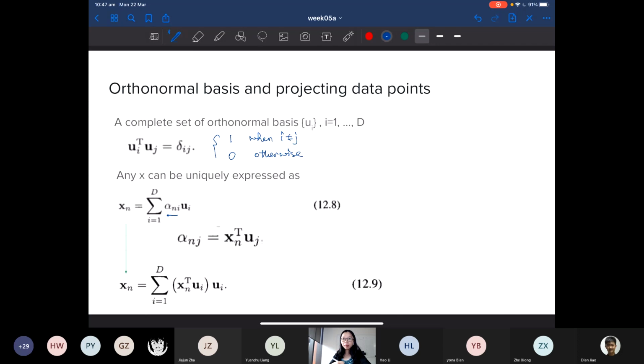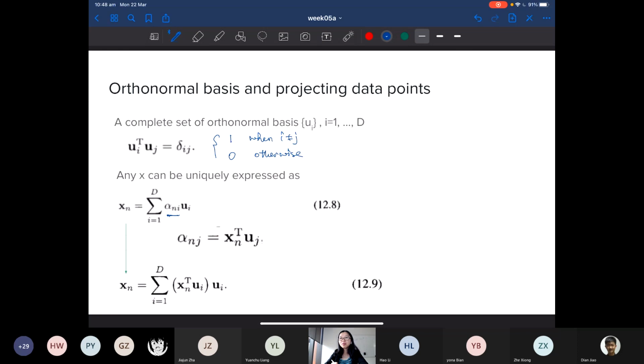If we sum it over, we get back x_n, where these coefficients a_nj are simply the inner product between the data vector x_n and u_j.